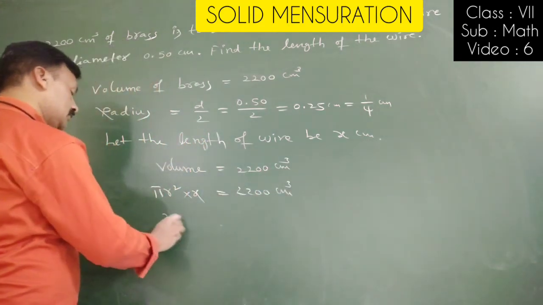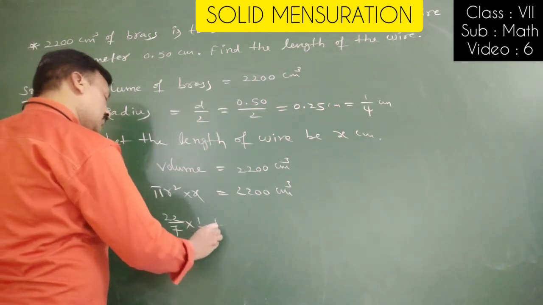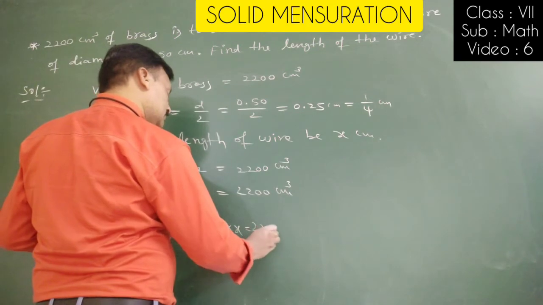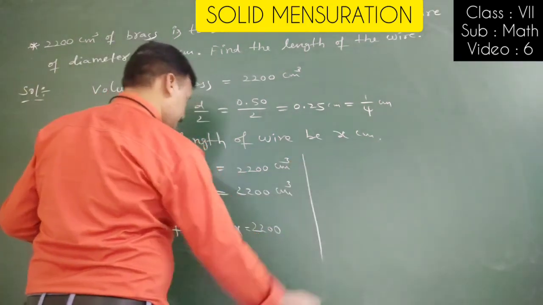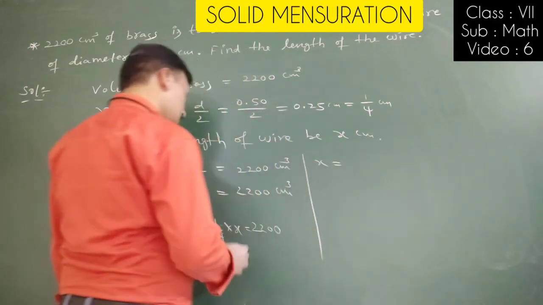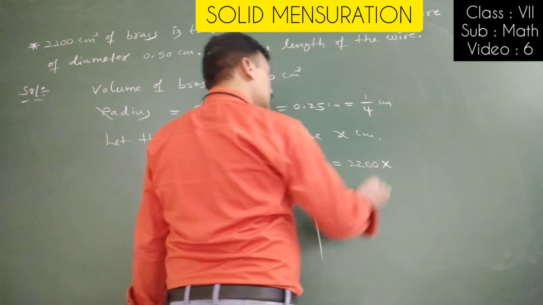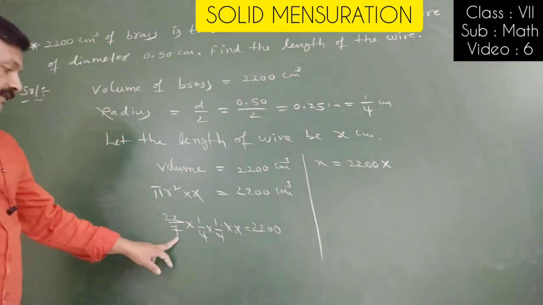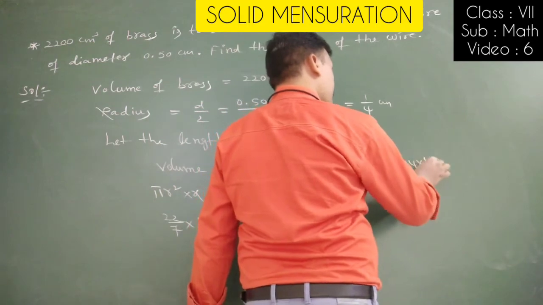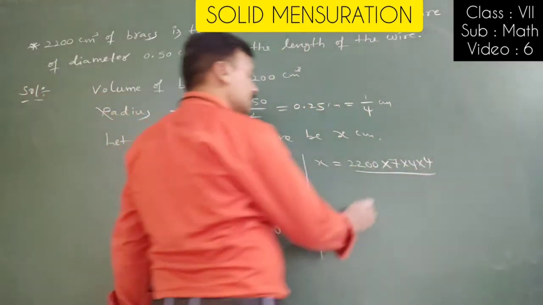Pi means 22 by 7. Here r means 1 by 4, again 1 by 4 squared. So x equal to 2200 into, here 7 into 4 into 4 becomes numerator, divided by 22 becomes denominator.